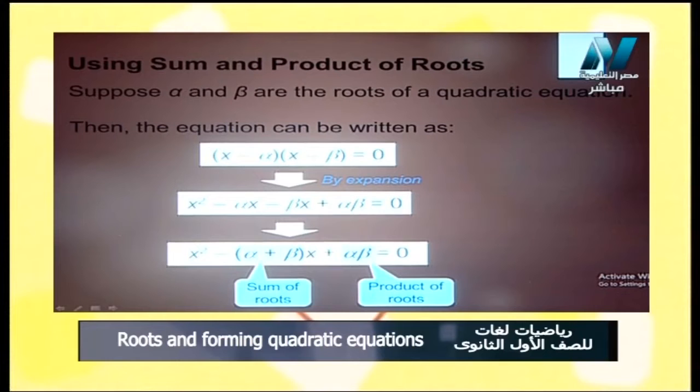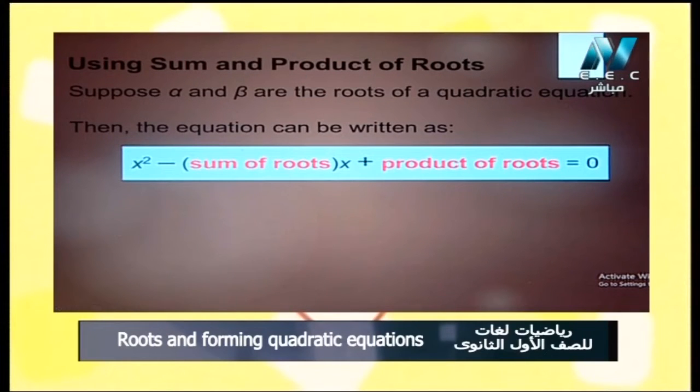So we have the sum here before x, and pay attention carefully. We have negative here, and we have positive here, alpha beta, which is the product. So the new form is x power 2 minus the sum of the roots multiplied by x plus the product of the two roots equals 0.